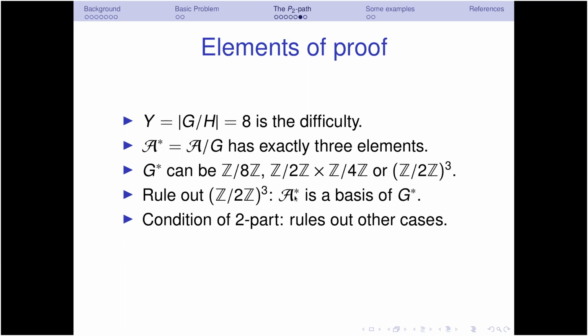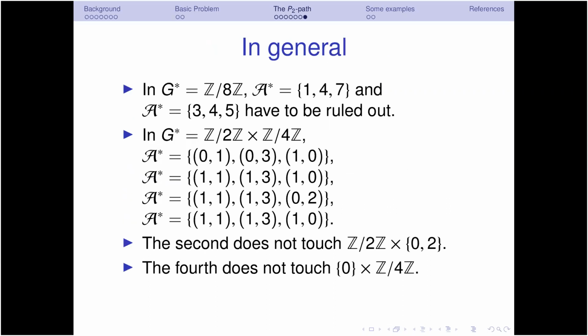What I like with this result is that by using the structure, by looking really at what happens, you can rule out a case. That's why we decided to publish it. Okay, if you want to look at what happens in general, if you look at Z by 8Z, the 2 examples we have that you have to rule out are 1, 4, 7 and 3, 4, 5.